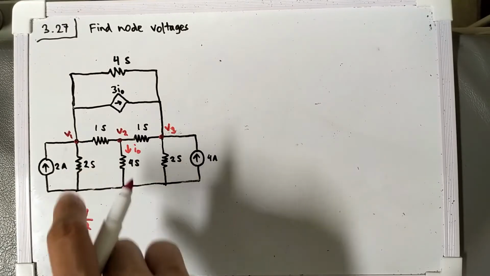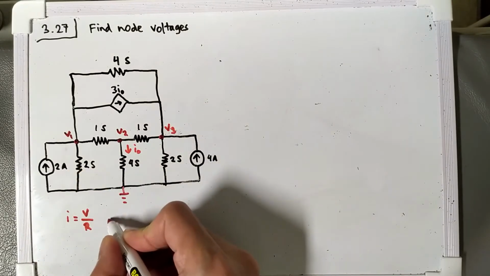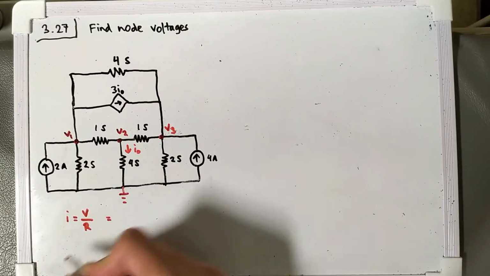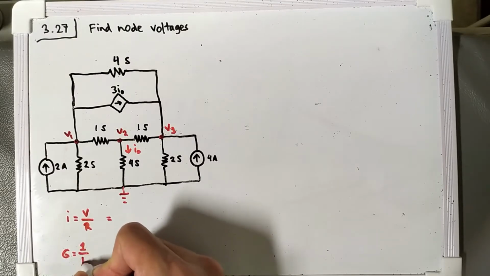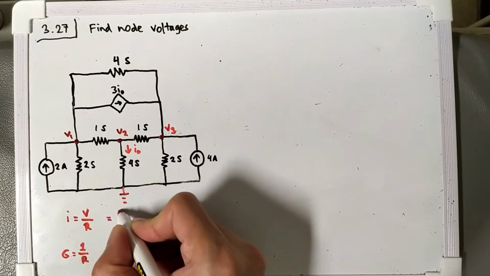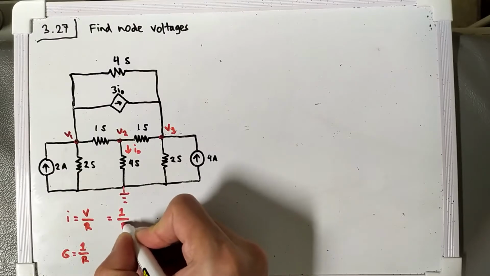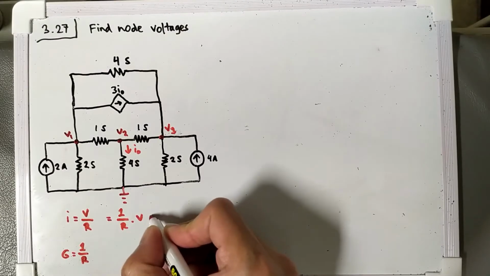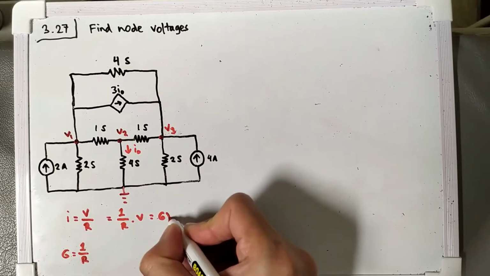This is conductance, so let's call that G. G is equal to 1 over R. If we substitute this, it can be written as 1 over R times V, so we will have I is equal to GV.